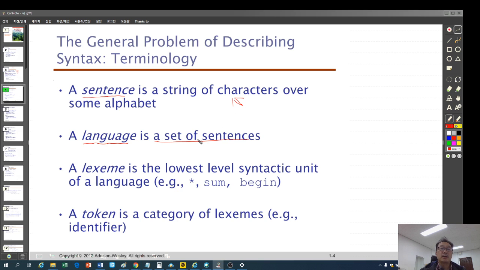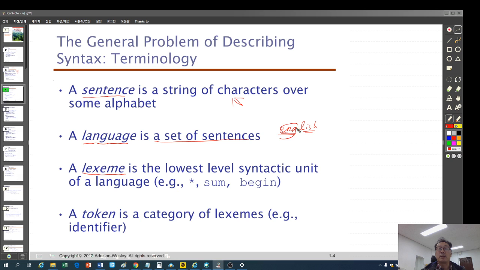Yeah, so a language is a set of sentences. And there is another lower level unit we call a lexeme. This is the lowest level syntactic unit of a language. For example, in English, maybe this is a lexeme.